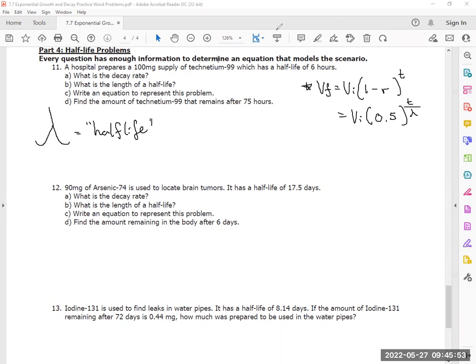Here we go. What is the decay rate? A. What is the decay rate? It's a given. What was my R?